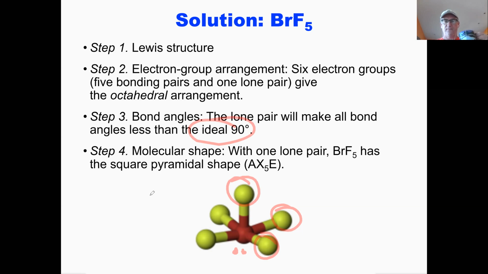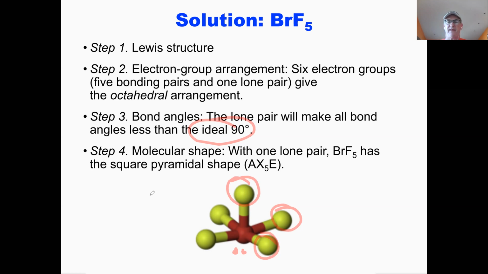Will it also make the fluorines on the horizontal plane less than 90? That's a good question. I used to actually build these sort of models for. Yes, I believe so. Because they're pushed, rather than being like this, they're pushed slightly closer together.